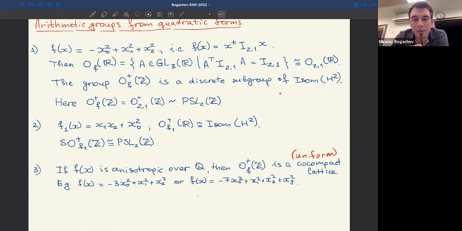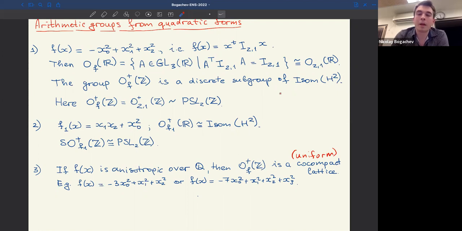Thanks. Yeah. So, just one remark about this quadratic form. If the quadratic form is isotropic over Q, meaning that it represents zero, then the corresponding isometry group of this quadratic form will give us a non-uniform lattice. So we will have ideal vertices of our fundamental domain. It won't be co-compact. But if f of x is anisotropic over the field, then we will have a uniform lattice.